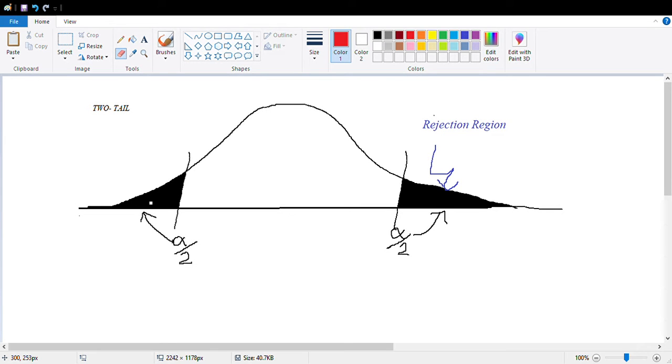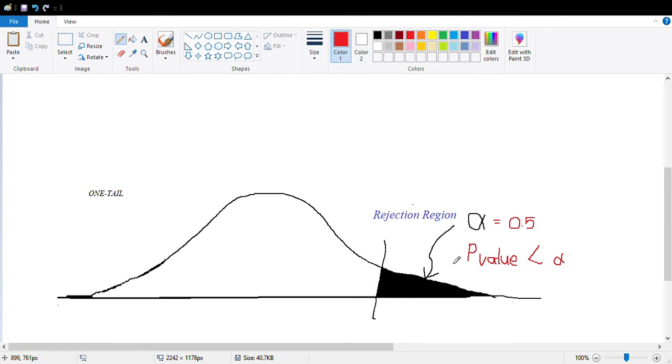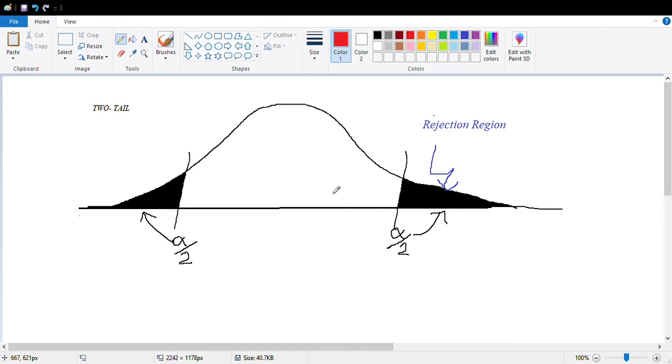And as you can observe, this area here is equal to alpha over 2, and the leftmost is also equal to alpha over 2. So in terms of p-value, you still consider just the value of the alpha. But this will be significant.